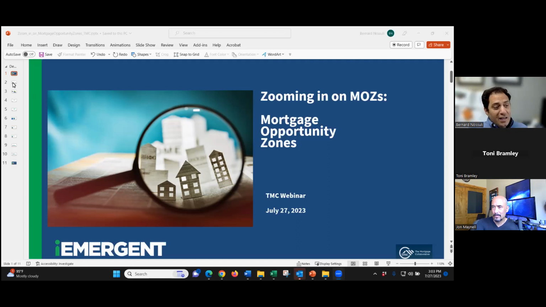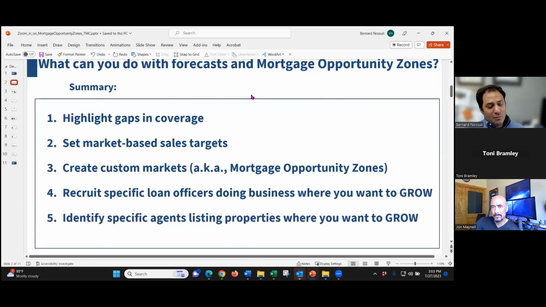As I move to the slide, why is it important, or what can you do with forecasts in mortgage opportunity zones? Here's the highlight. These are the 5 takeaways from today's presentation. 1 is highlighting gaps in coverage. 2 is setting market-based sales targets. 3 is creating those actual submarkets.